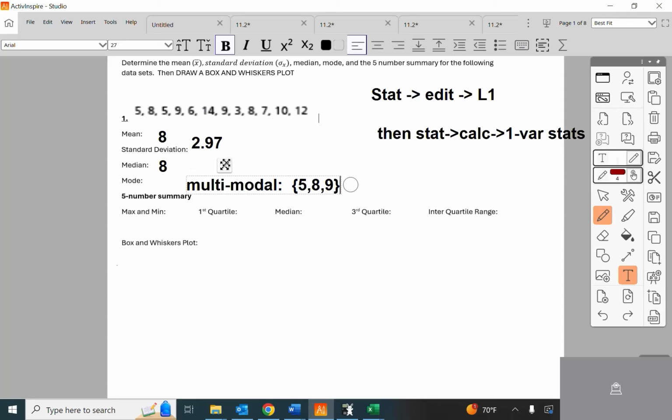The 5-number summary is the max and the min. The minimum is going to be 3, and the max looks like it's 14. The calculator will give you the first quartile and everything like that, and I'm just checking to make sure I didn't miss a number.